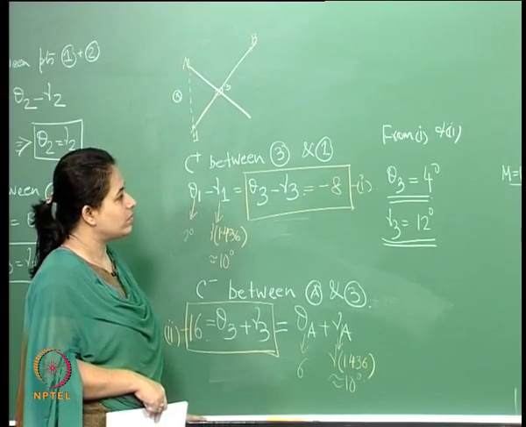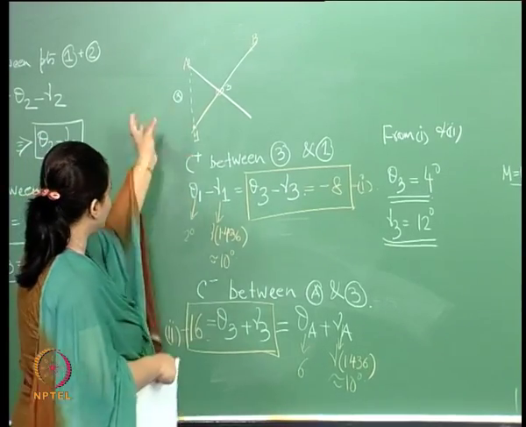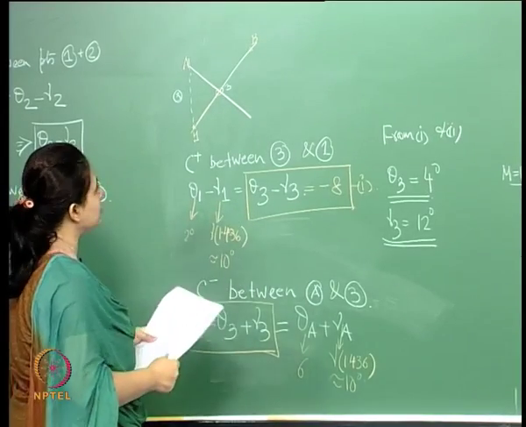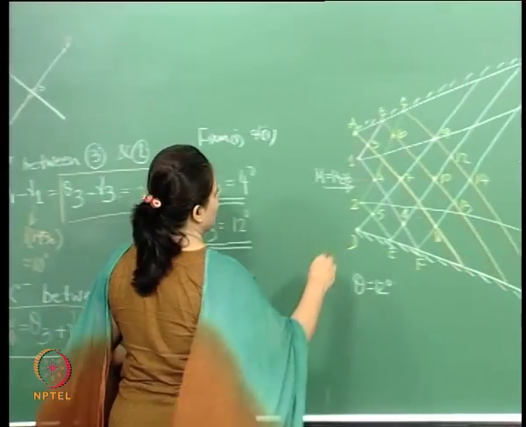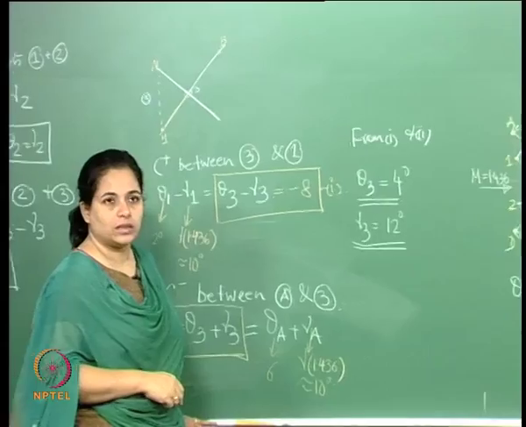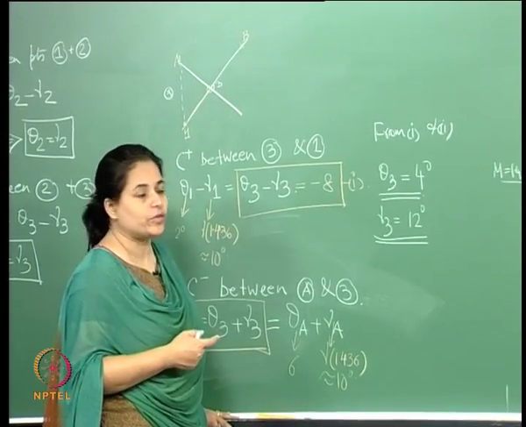So the point 3 is done. Now let us look at point 4. Point 4 is here, on the center line, but let us go ahead and solve for properties at point 4.